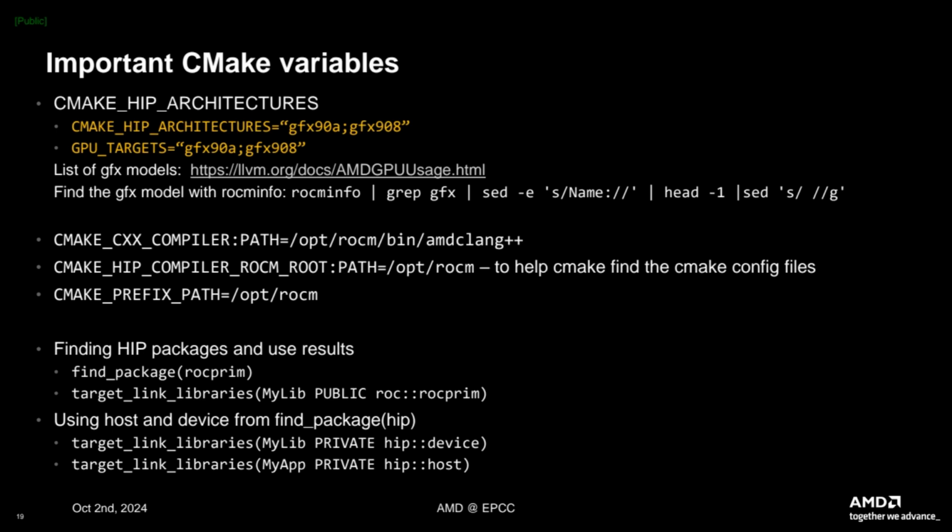But specifically, if you are on a system and you want to find out what's the code associated with your specific architecture, you can find that with rocminfo. So right now, if you're on AAC and just run this command, it will tell you gfx942, which is the GFX model for the MI300A.